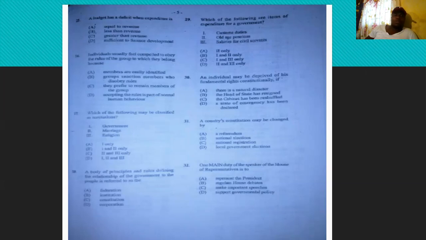C is definitely out. 27 now. Which of the following may be classified as institutions? One, government; two, marriage; three, religion. For me personally, I wouldn't consider marriage to be an institution based on the raw definitions for institutions. However, many teachers and some sources consider marriage an institution. So which would we consider as institutions?